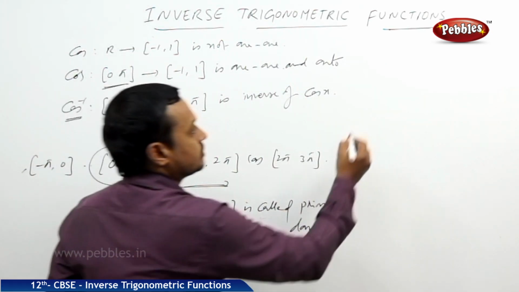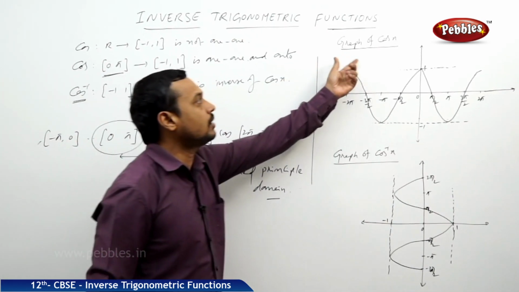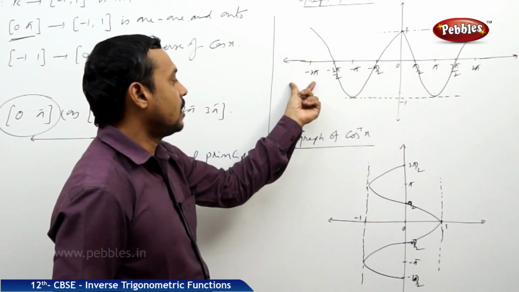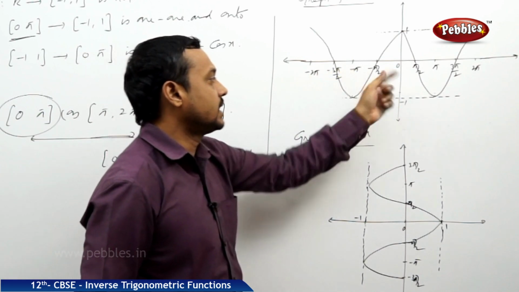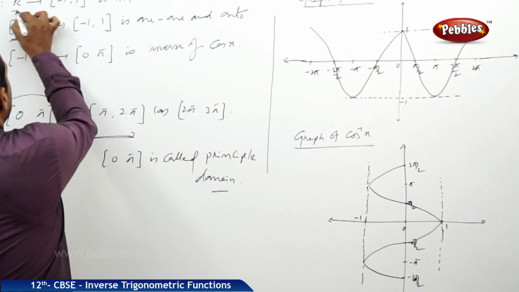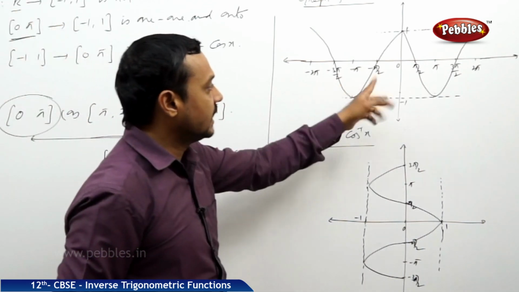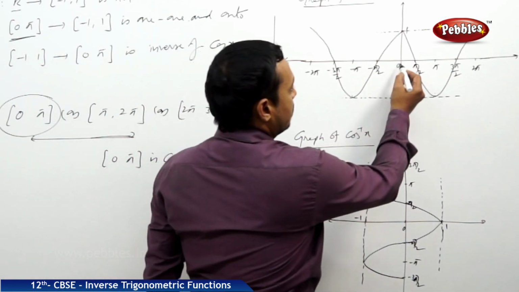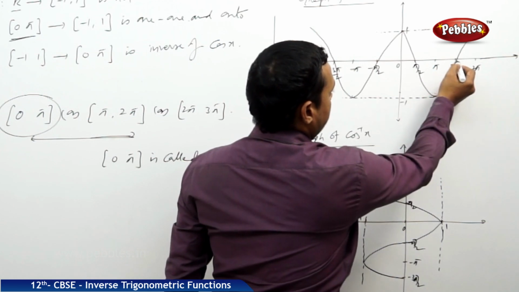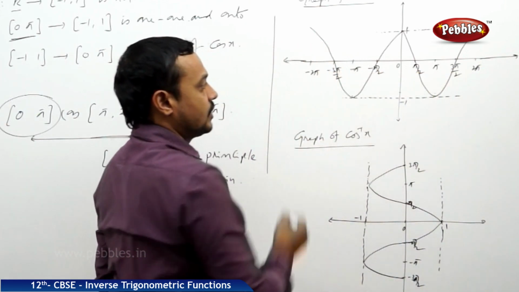Right, now let us see the graphs. Here we have the graphs of cos x and cos inverse x. The domain of cos x is R, so the graph can be drawn throughout the domain R like this. As cos 0 is equal to 1, cos pi by 2 is equal to 0, cos pi is minus 1, cos 3 pi by 2 is equal to 0, cos 2 pi is equal to 1, like that, and similarly on the left side also.